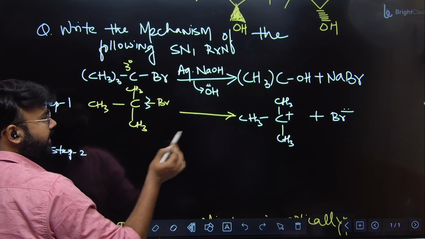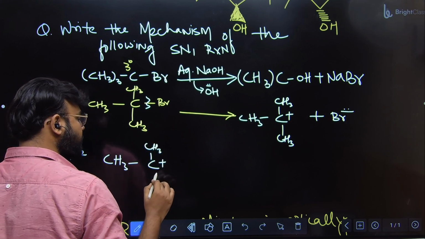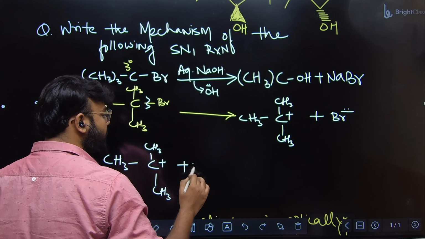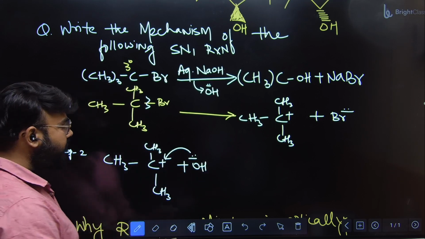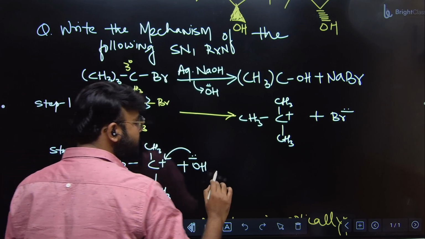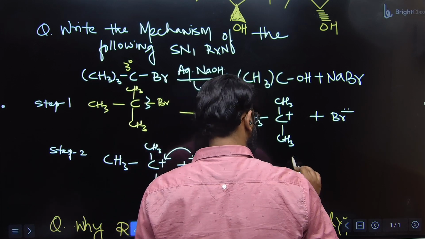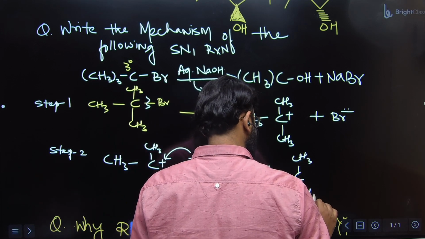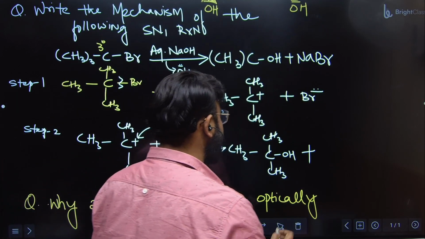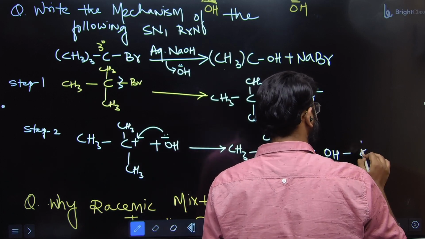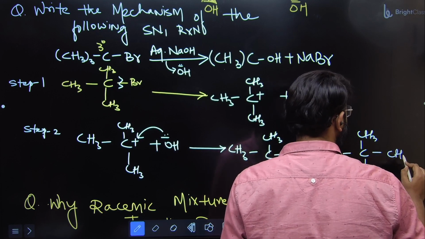So when OH- attacks, you will get two products. There will be attack of OH- like this, one from the front, one from the rear. The kind of answer you will get will be like this, plus another answer, with OH and the three CH3 groups.